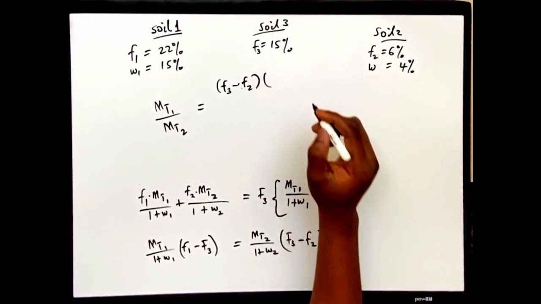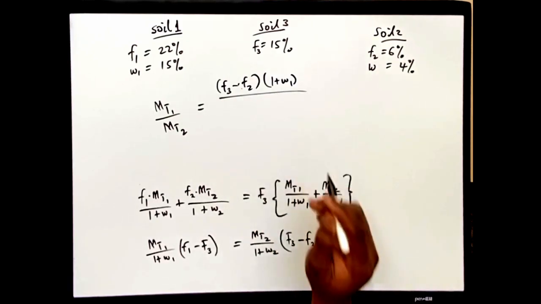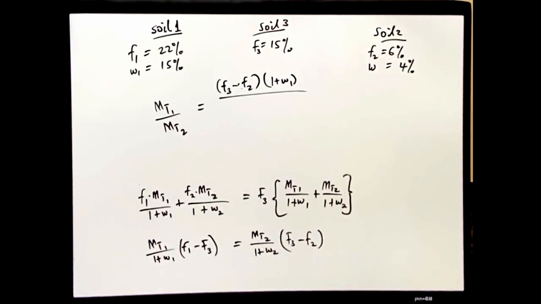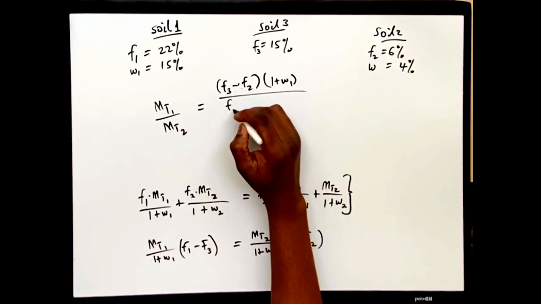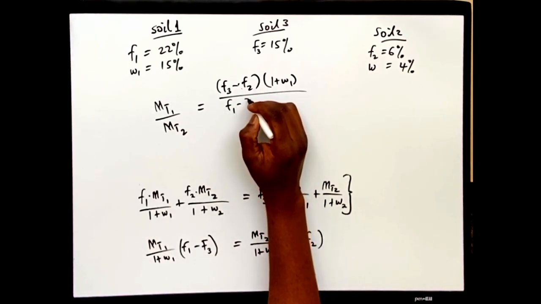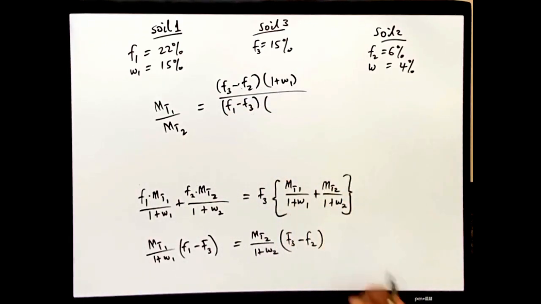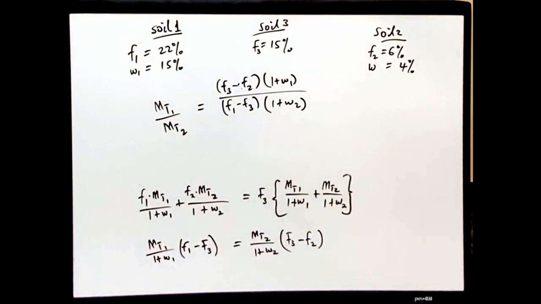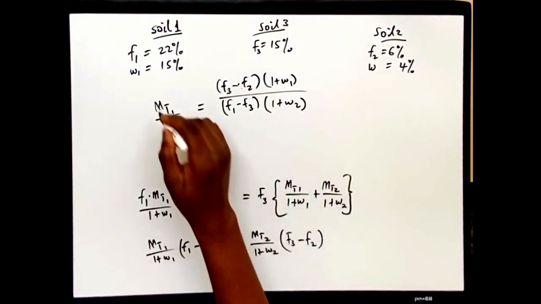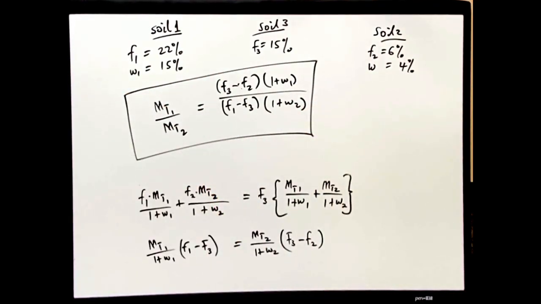F2, 1 plus W1, and F1 minus F3, 1 plus W2. Okay, so this here is the relationship that you come out with.